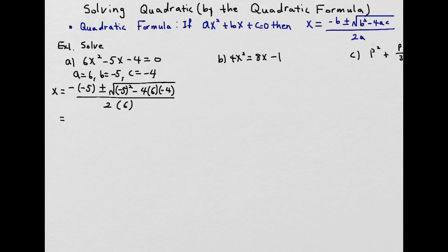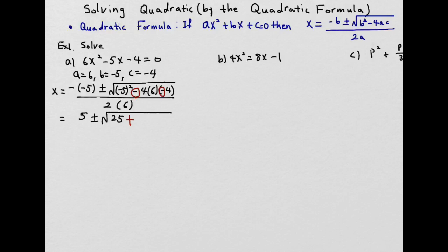Once you replace your values into the formula, you just need to simplify. If you have two negatives, it will be positive. Plus minus square root of negative 5 squared is 25. Because you have two negatives, you're subtracting a negative, and when you multiply, that will give you plus signs.